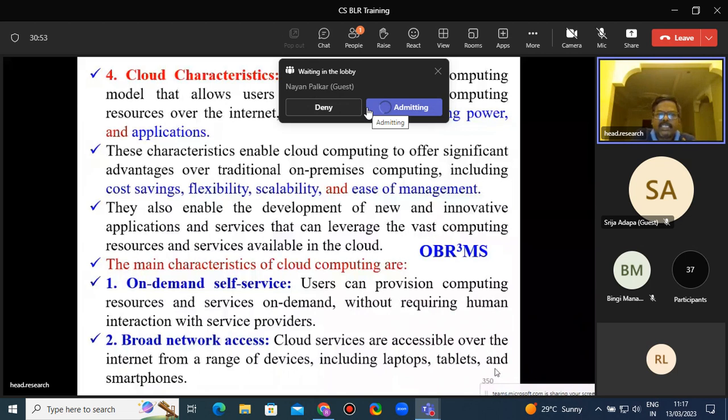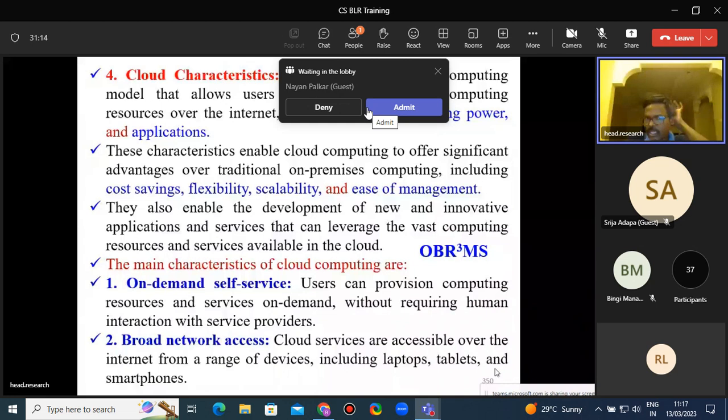These characteristics enable cloud computing to offer significant advantages over traditional on-premises computing, including cost savings, flexibility, scalability, and ease of management.